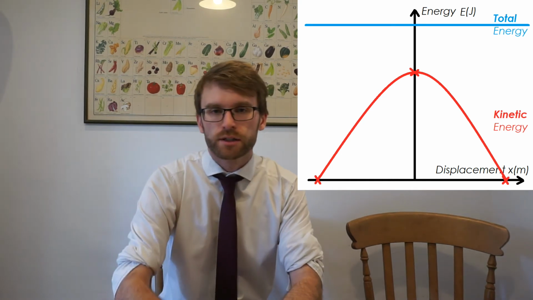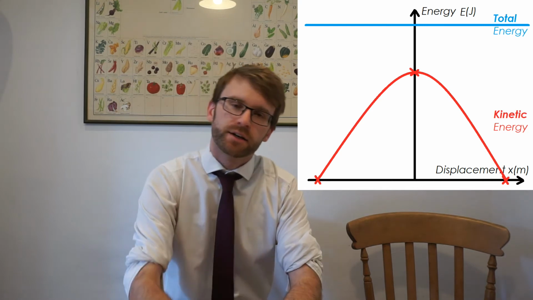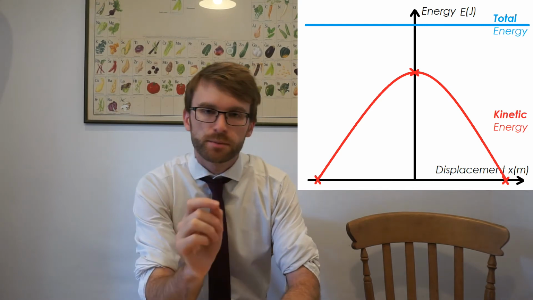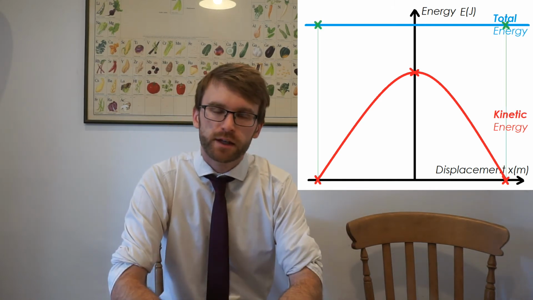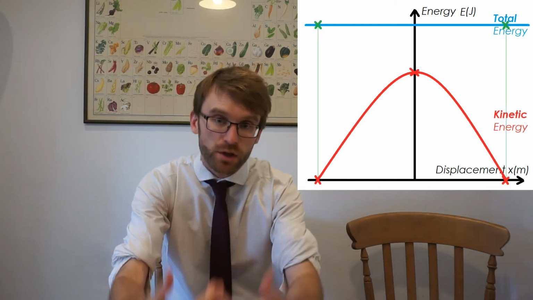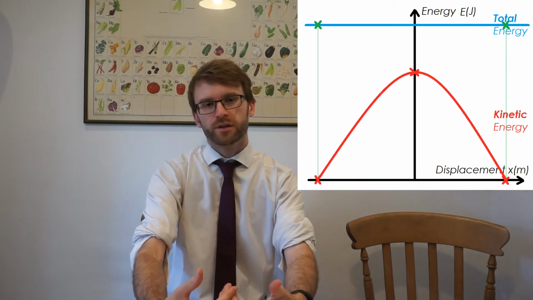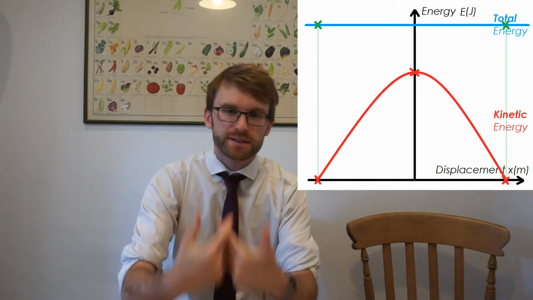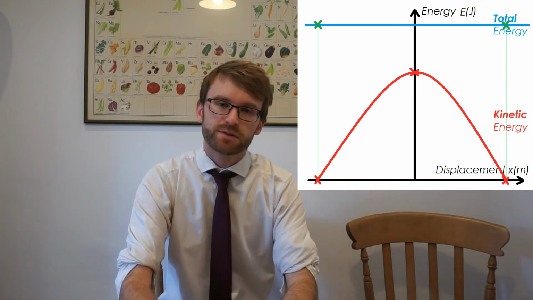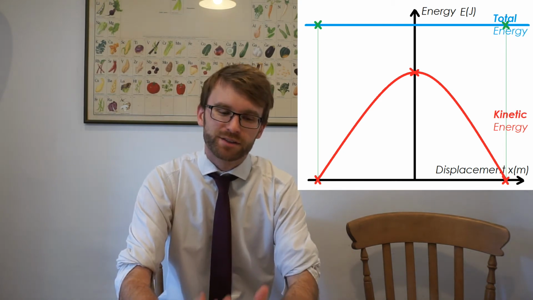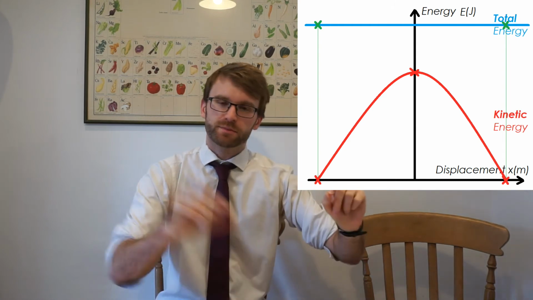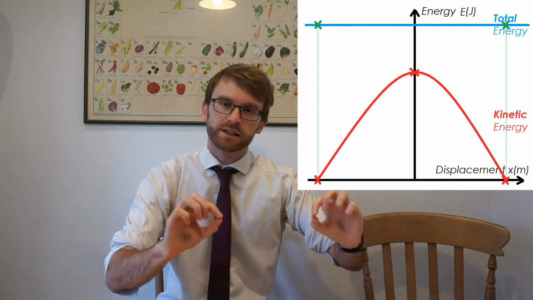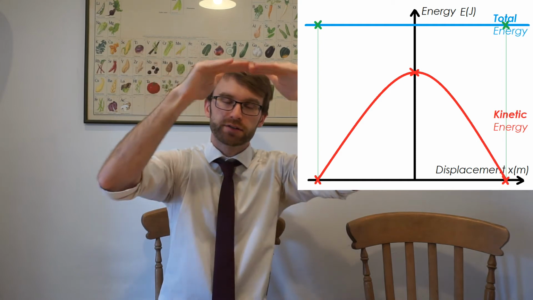Okay, so it's a nice parabola as drawn for you in the book. So that's all very well and good. Let's think about the potential energy now. We know that the potential energy is a maximum when the kinetic energy is 0. And we know that in order for the total energy to add up, that potential energy must be the same as the total energy at the starting point. So much like how for kinetic we drew a point at the 0 energy line, here draw a point on that total energy line.